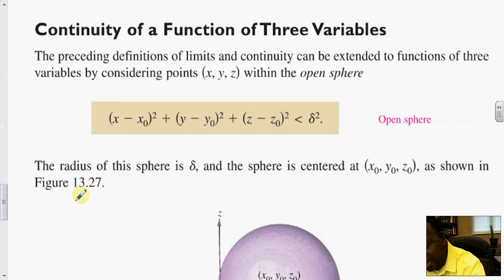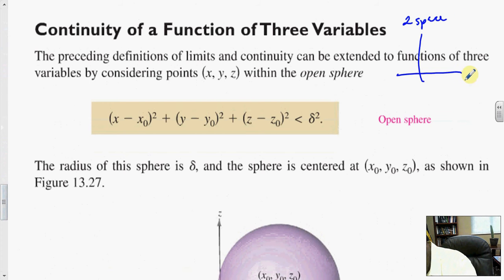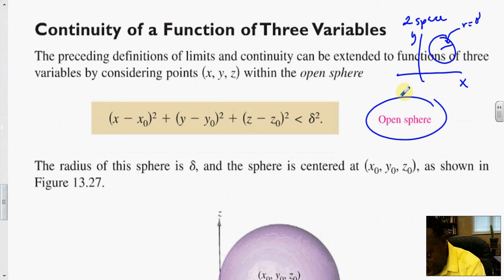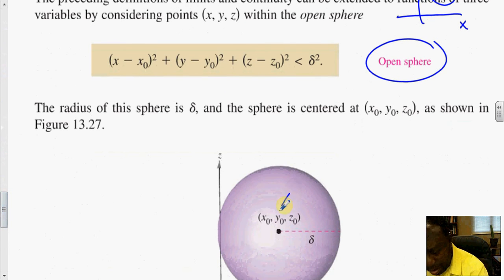Well, here you go from a disk in the two space, where we talked about some disk where the radius is delta, to a function of three variables, where you could talk about a ball or sphere that surrounds the center, the point of investigation, and again the radius is delta as well.